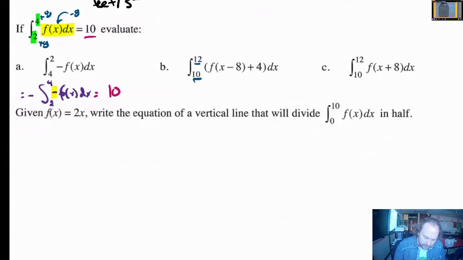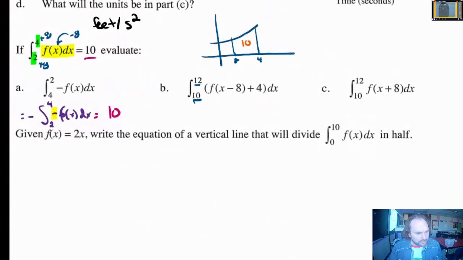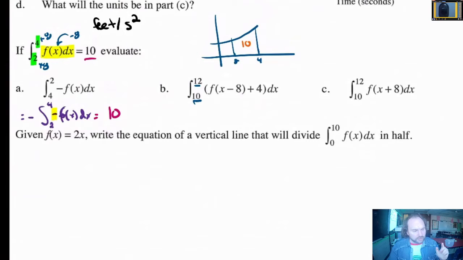So what we've got here is we've taken the original graph. You want to think about this. Here's 2, here's 4. We have some function, doesn't matter what it is, but the area under that curve is 10. That's what the original integral says. We've shifted it 8 steps to the right where it does not change, but then we've also shifted it up 4 spaces. So we've got the same basic shape, which has got 10.